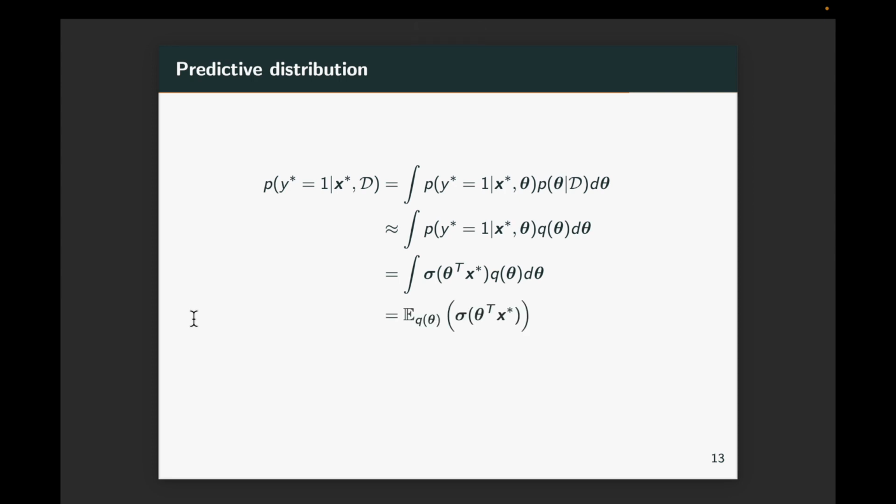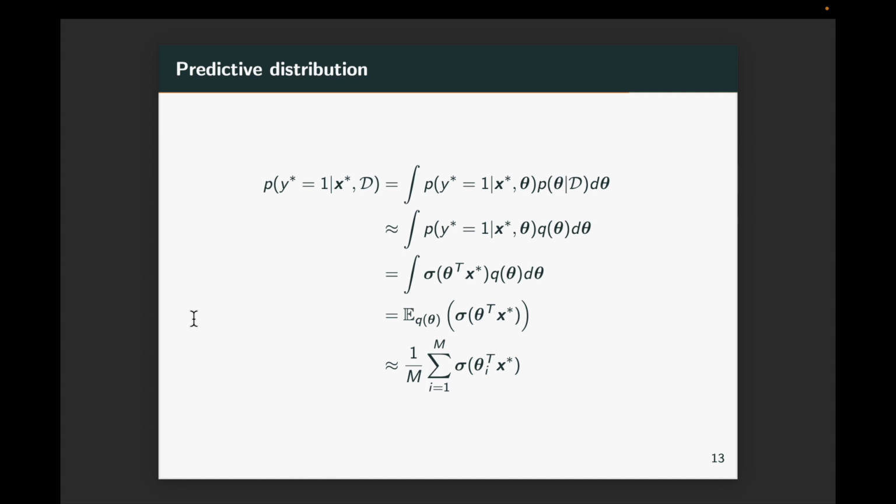Can we write this as the expectation of this term, sigmoid of x transpose theta, under the distribution Q of theta? That is the standard definition of expectation, the relationship between expectation and integration. And this is where the Monte Carlo estimation comes in.